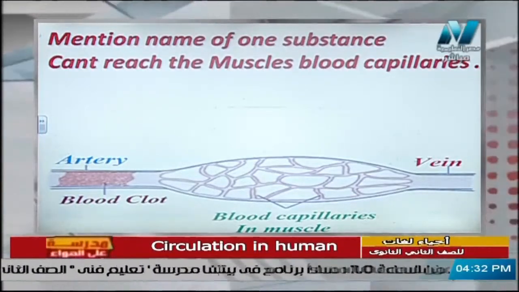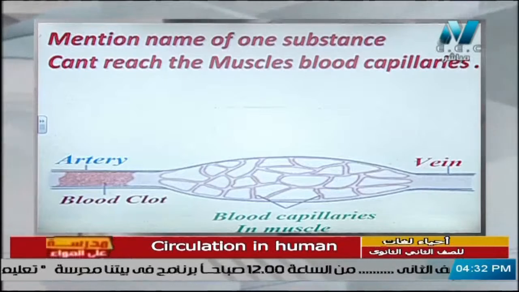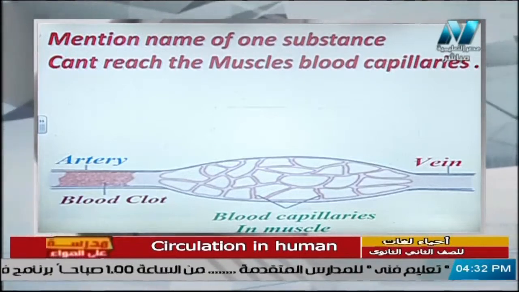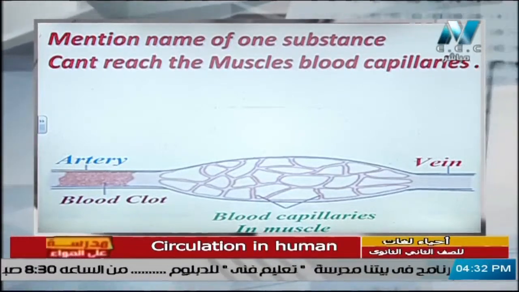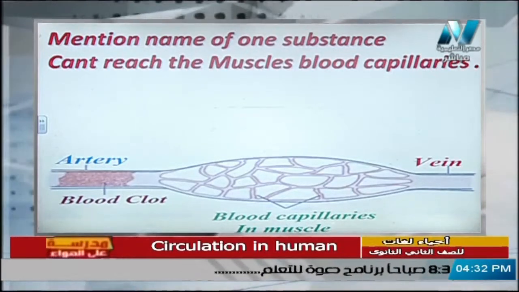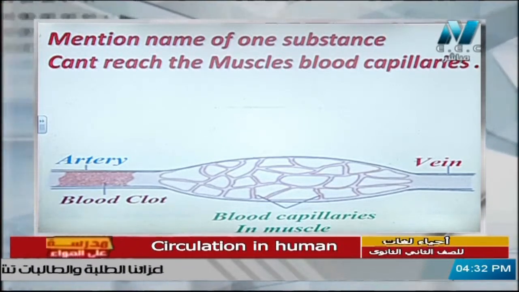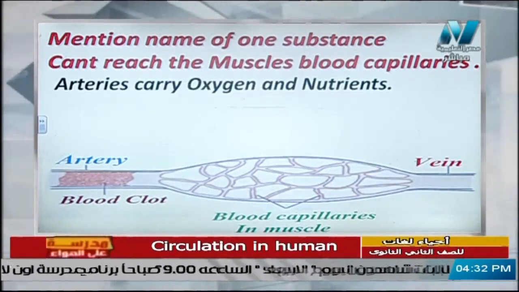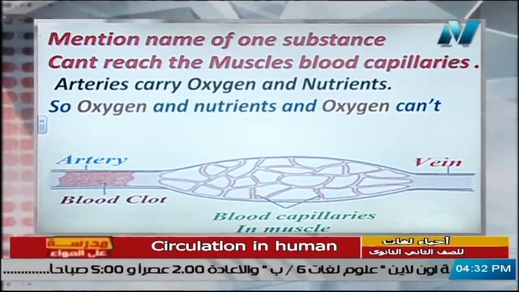When a blood clot happens, what do arteries carry? We know arteries carry oxygen from the heart and at the same time carry digested food, meaning nutrients, to the rest of the body. The question says one substance, just one, but in this case we can write more than one. Arteries carry oxygen and nutrients.